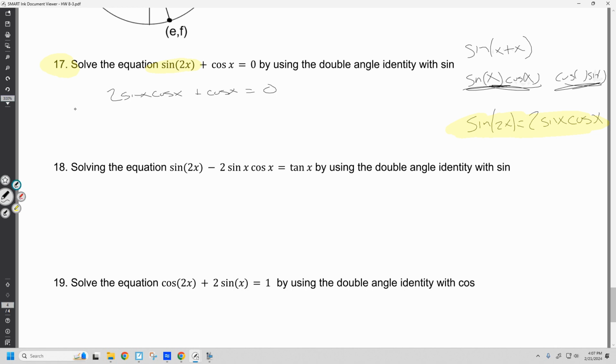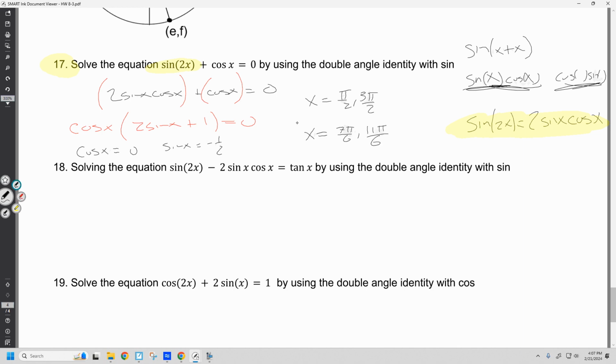All right, great. We remember day 2. We got 2 terms. They both share a cosine. We factor out the cosine. We solve the equation. Cos x equals 0. Sine x equals -1/2. I get the solutions, the verticals. I get the solutions, the pi over 6s in the 3rd and 4th quadrants.